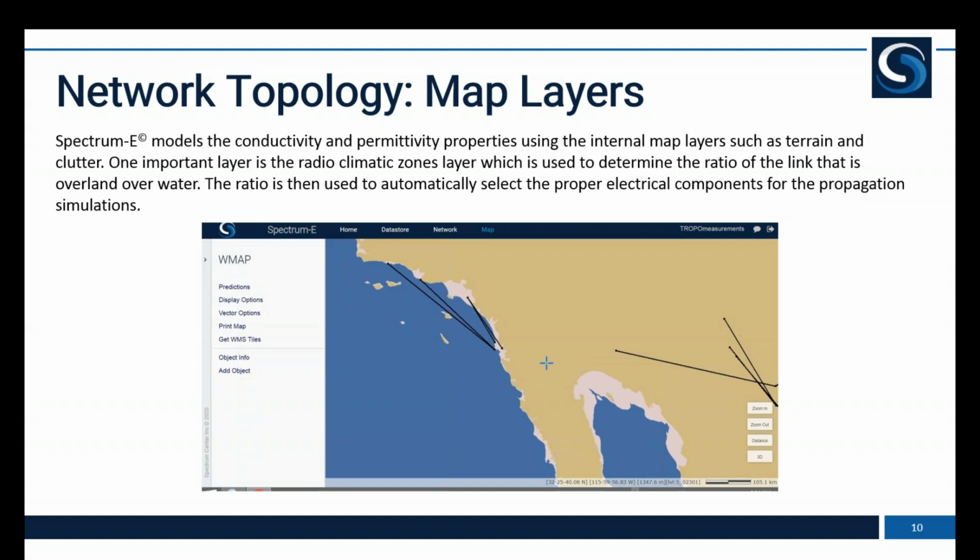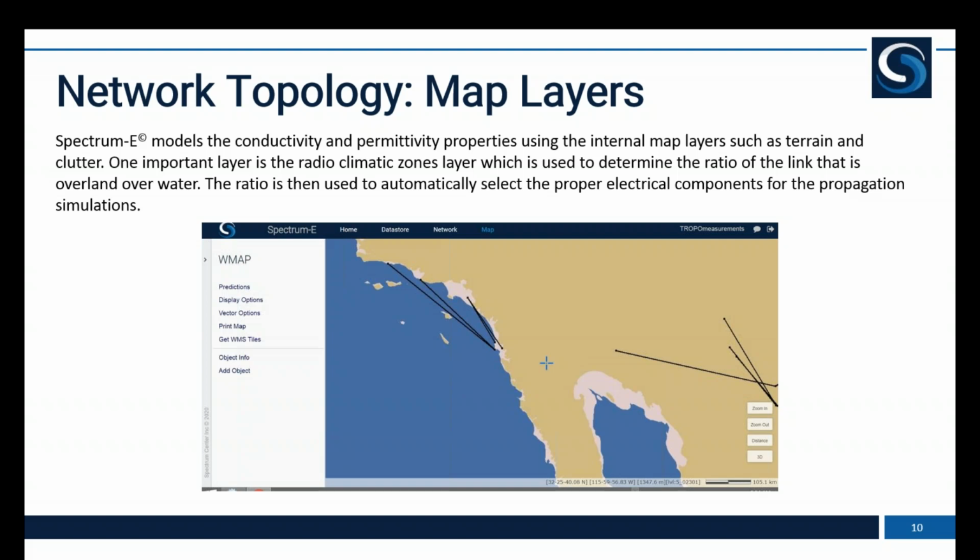These values change, depending on the type of terrain, like I said, maritime over sea, maritime over land, average terrain, desert, and so forth. These types of questions are usually asked of the user and lead to a lot of errors.